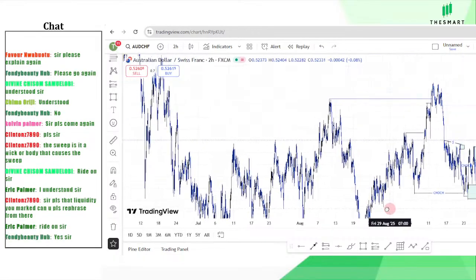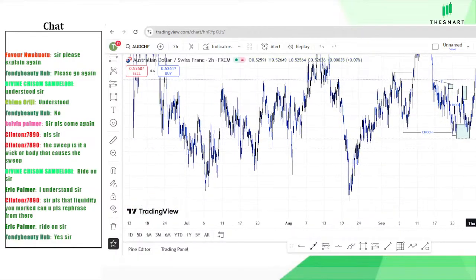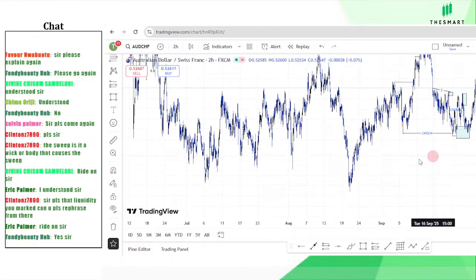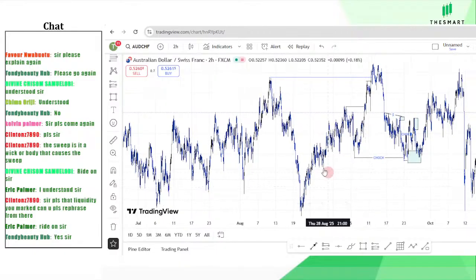This market was in a bullish trend. That means we are expecting more buy side to the upside. And since we're expecting more buy side to the upside, we also have a valid overall change of character.